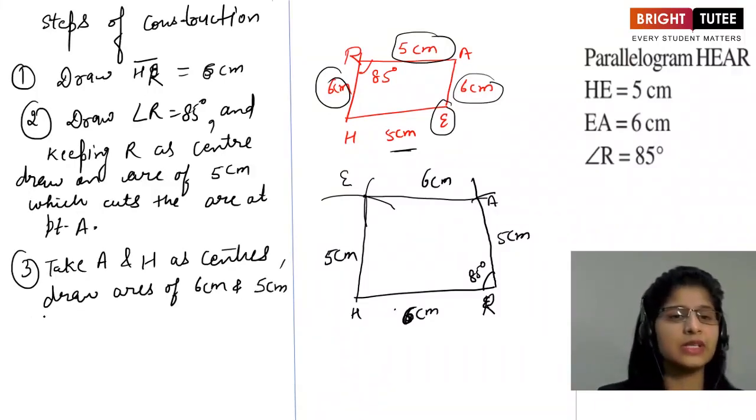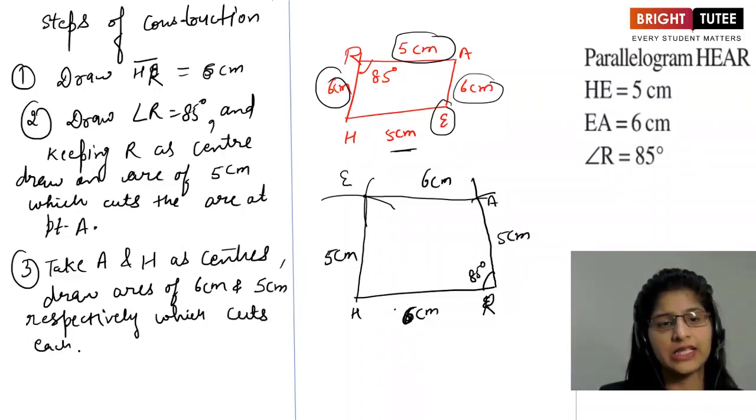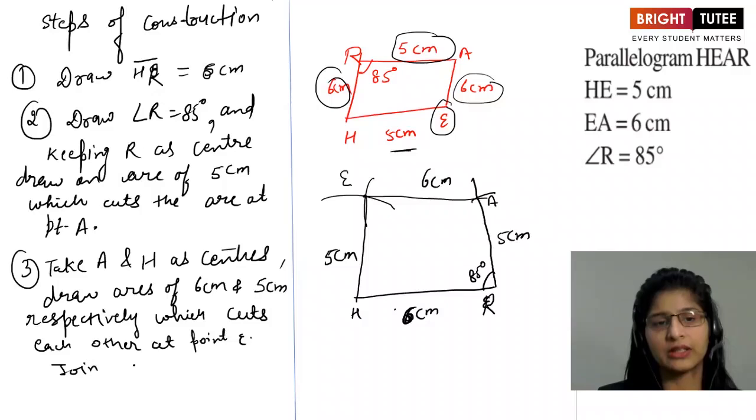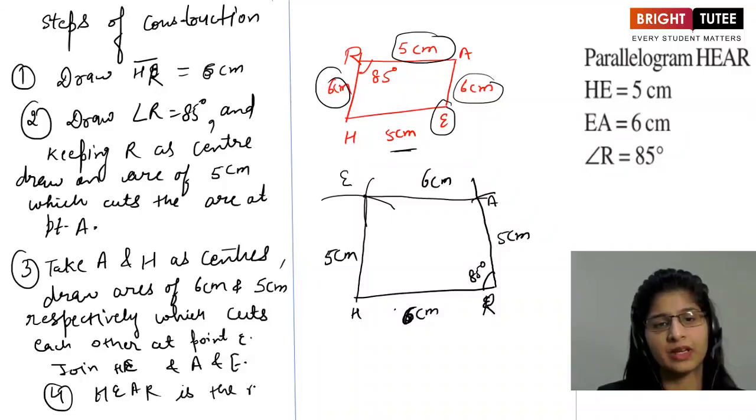So draw arcs of 6 centimeter and 5 centimeter respectively, which cut each other at point E. And then we join H and E and A and E, and then we can write in the fourth step, HEAR is the required quadrilateral. Also you could have written HE here.